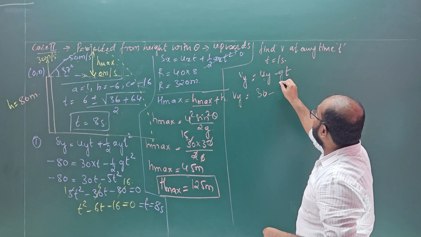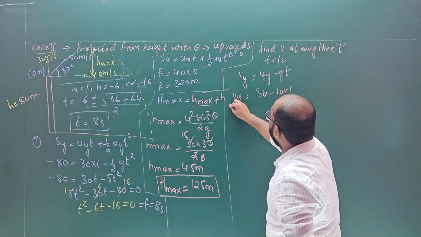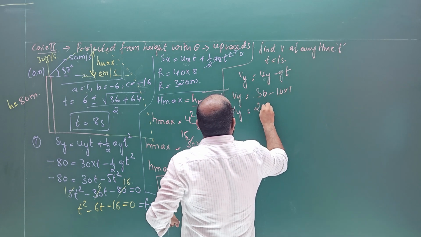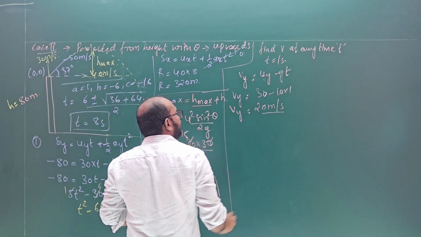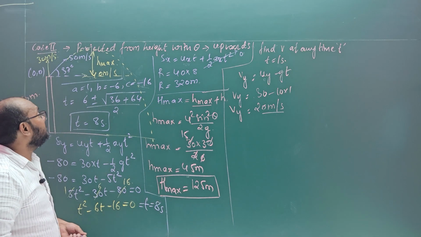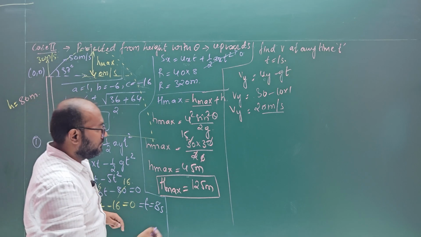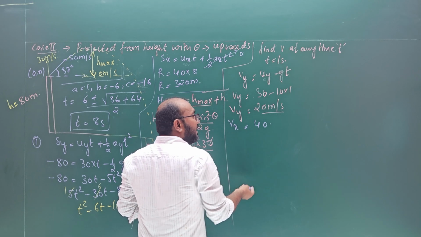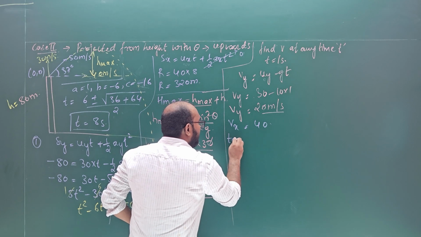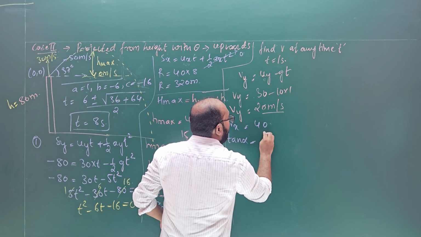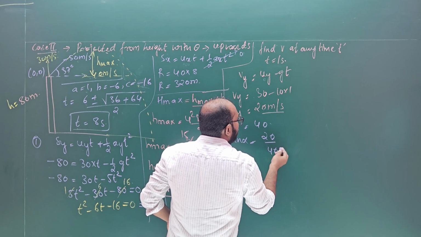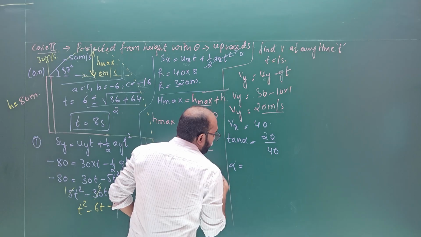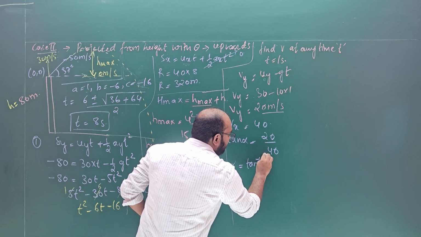Minus 10 into 1, that is Vy equal to what? Can I say 20 meter per second? See, automatically positive. Vx is what? 40. From here can we calculate tan alpha? Yes. So tan alpha is nothing but 20 upon 40, that is 1 by 2, or alpha is equal to tan inverse of 1 by 2.